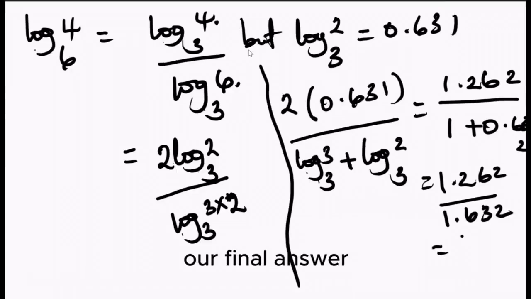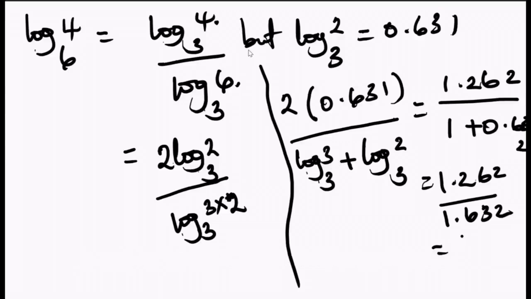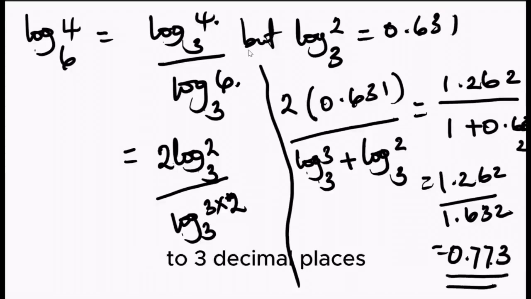Our final answer is going to be 1.262 divided by 1.631. The final answer is 0.773 to 3 decimal places.